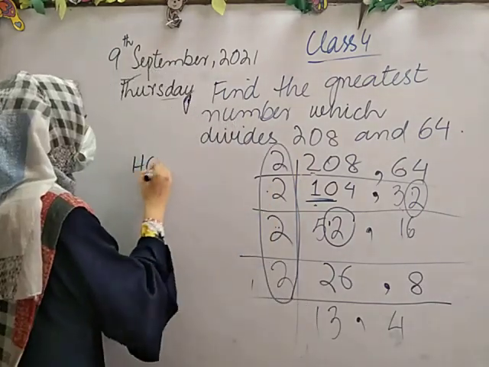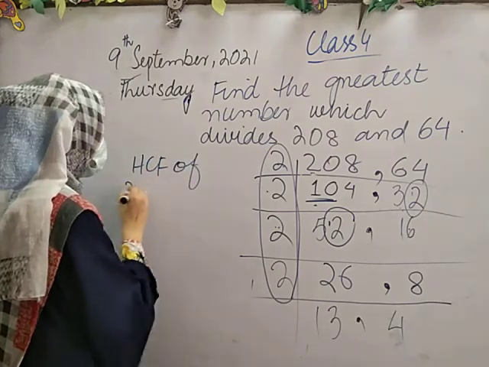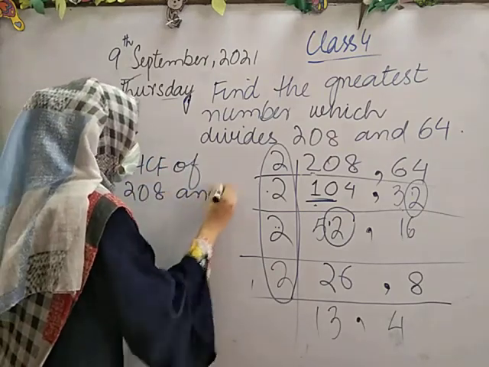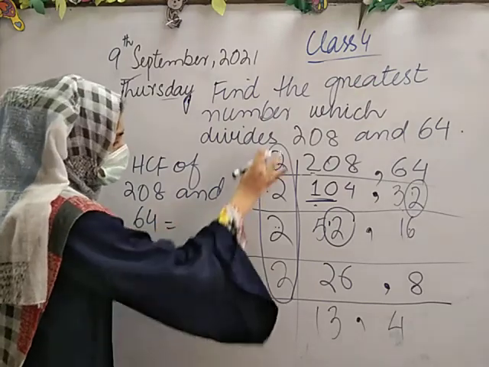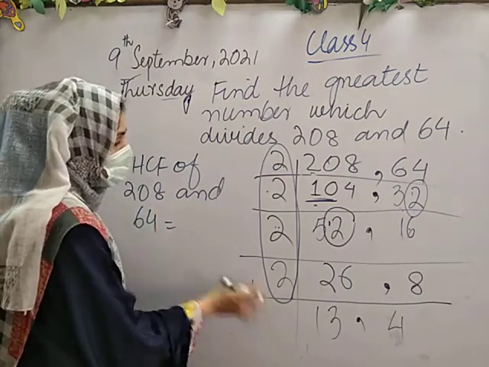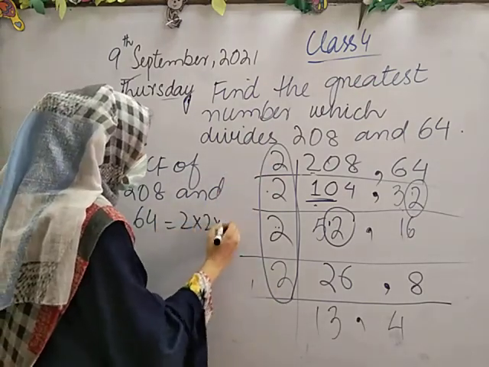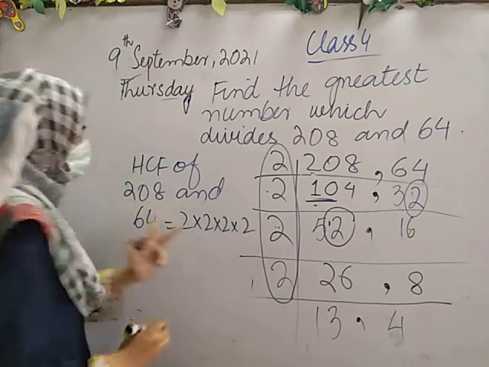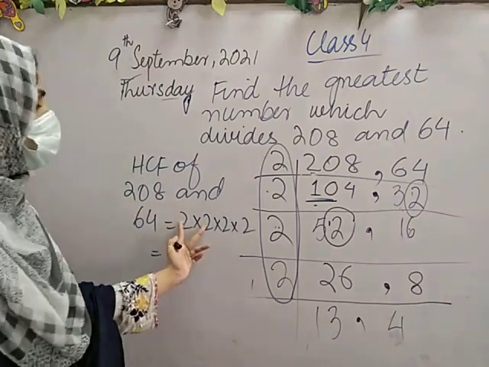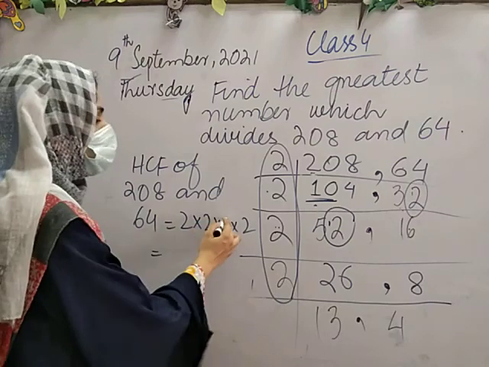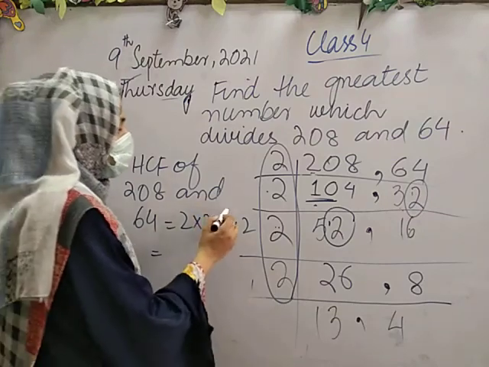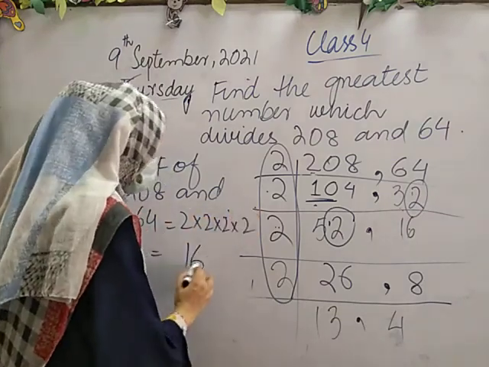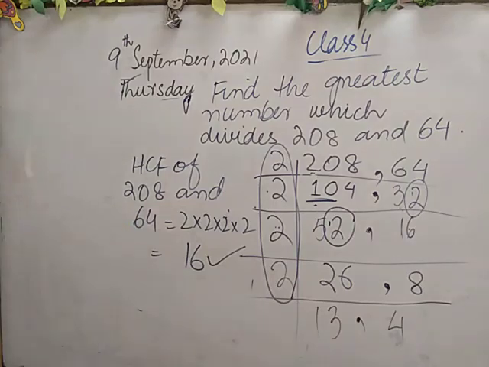To find the HCF of 208 and 64, we will simply multiply 2, 2, 2 and 2. 2 times 2 is 4. 4 2 times 8. 8 2 times 16. So the greatest number is 16.